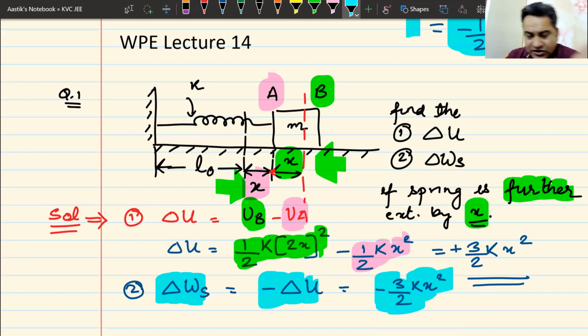So instead of calling it change in potential energy, we can calculate it in terms of work done and take the negative of that. But since we have understood this concept, some places it is easier to do it with potential energy because you understand the term potential energy.